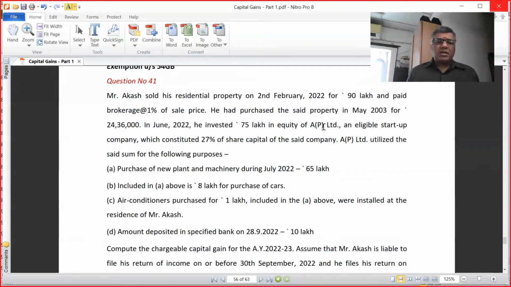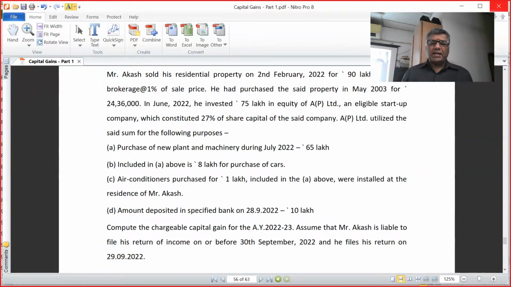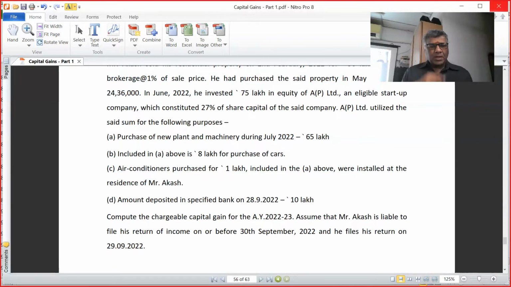The private limited uses the sum as follows: purchase of new plant and machinery, included in that is 8 lakhs for purchase of a car and 1 lakh for purchase of an air conditioner. Both you cannot claim. Amount kept deposited in a specified bank account.